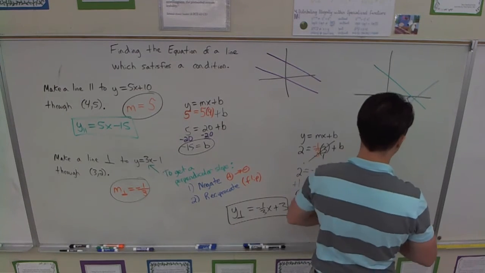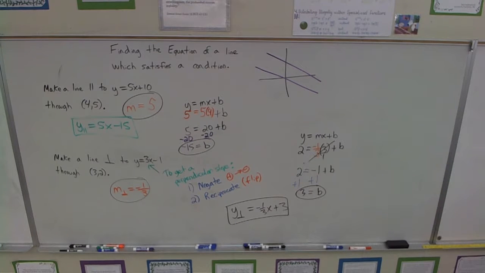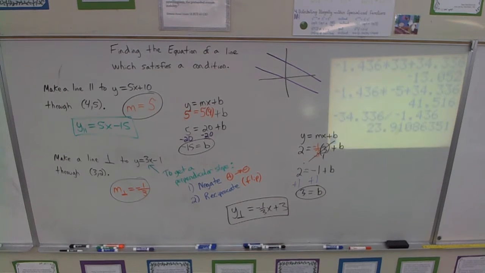If you don't believe it, let's put it in our calculator. Real quick, let's graph these lines and see if they do what they're supposed to do. I'm just going to turn my plot off. You can follow me or just watch.